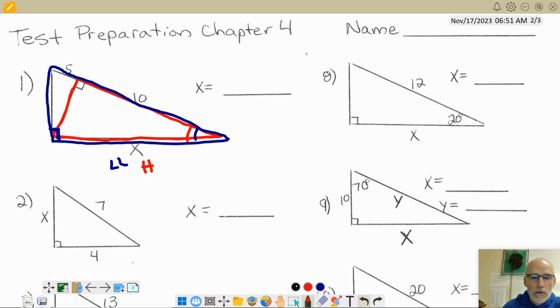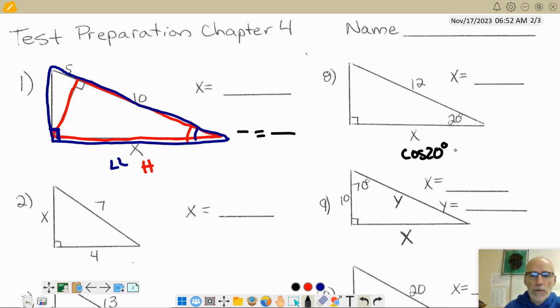So what we're going to do is set up a proportion, which is really what almost every single problem on this page is about. We may not realize it, but when we're doing like the cosine of 20 degrees, we're asking the computer to give us the ratio of the adjacent leg to the hypotenuse for a triangle that's similar to this one right here.